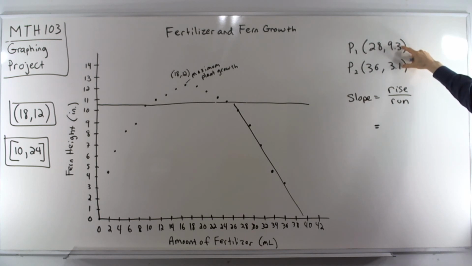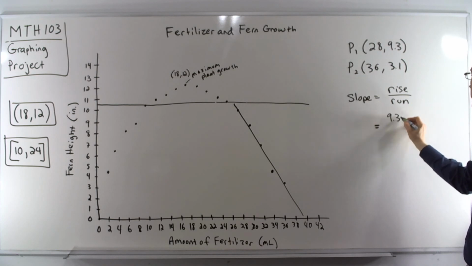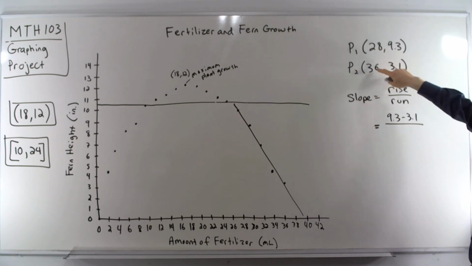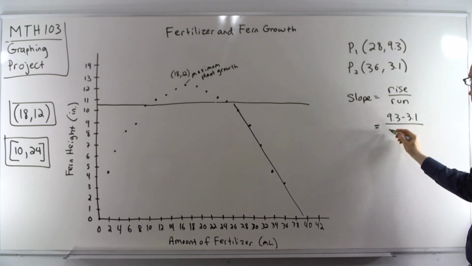So we can subtract in a consistent direction. So I'm going to subtract 3.1 from 9.3. So 9.3 minus 3.1. Now the run will be the change in the x coordinates. Now I subtracted 9.3 minus 3.1, so I have to do 28 minus 36.